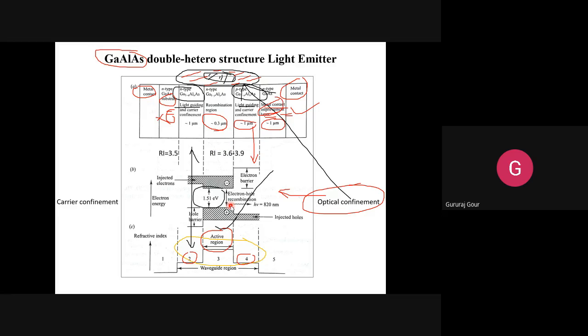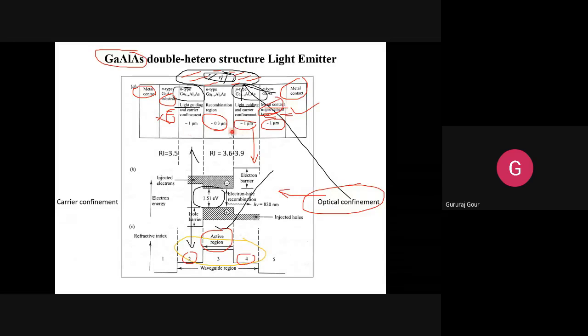So keep three factors in mind: carrier confinement, where the heterostructure is already contributing. Again for carrier confinement, these two cladding regions, N-type and P-type gallium aluminum arsenide, contribute with their wide region of roughly 1 micrometer, so that they inject high density majority carriers in the upper and lower bands.